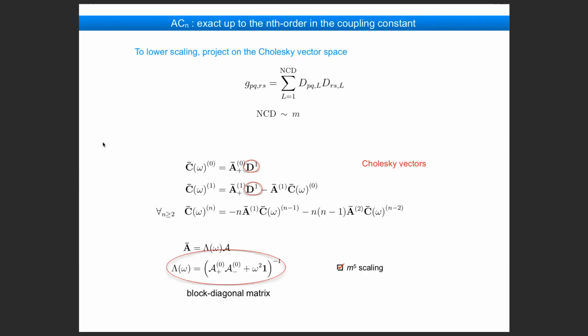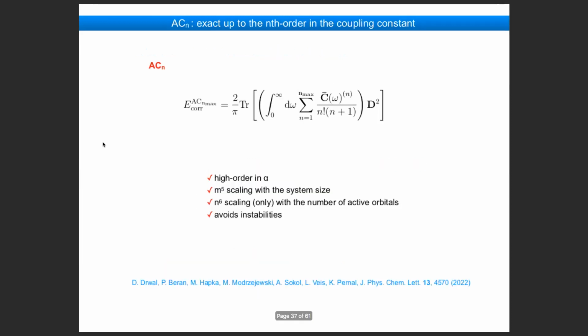Okay, so it's again something mathematical, but in the end it's n to 5. Let's just check that we never do any n to 6 matrix multiplication. Great. So in the end, this is our final expression for the correlation energy, right? The advantages are that it scales with the 5th power.